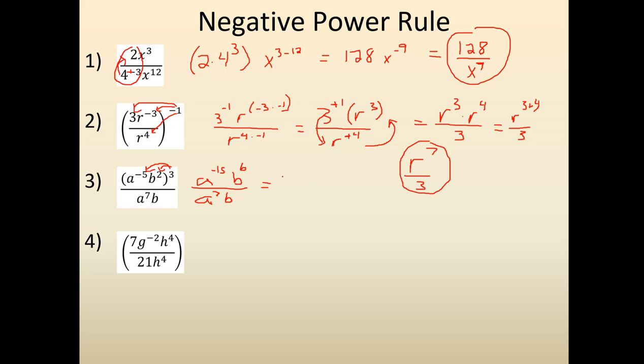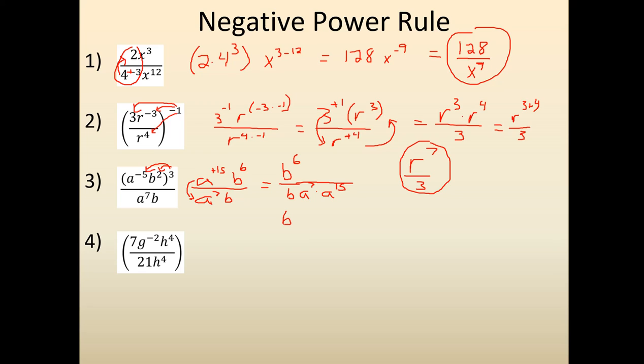Alright, so I'm going to flip this to a positive and then move it to the denominator. So I get b to the 6th divided by b times a to the 7th times a to the 15th. So using all of our rules, for the b's, I'll subtract this exponent 6 with this exponent 1.